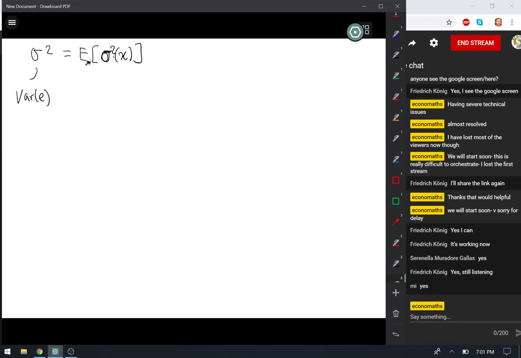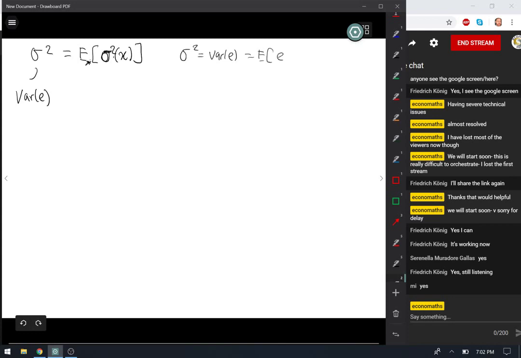The solution that you're given uses the fact that we assume the conditional mean of e given x is not, but actually it holds in general. We can see that because sigma squared is just the variance of e, which by definition is the expectation of (e minus its mean) squared.